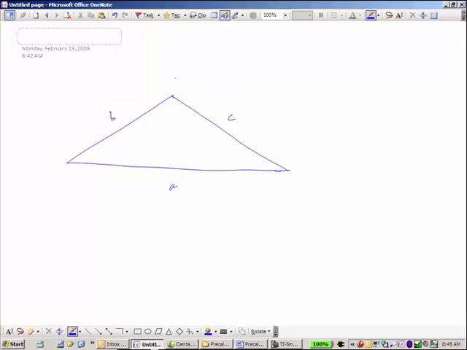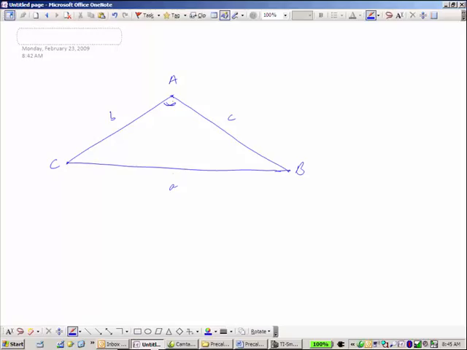So in a general triangle, A, B, C, we call the vertices capital letters A, B, and C, and they stand for the angles. So if I say angle A, I'm talking about capital letter A. Is that okay? And then in a general triangle, we label the sides across from the angles with lowercase letters.